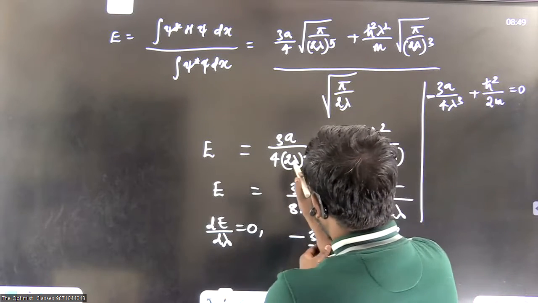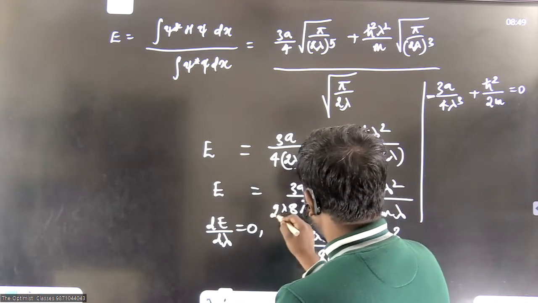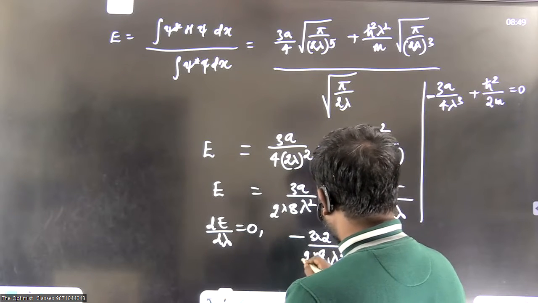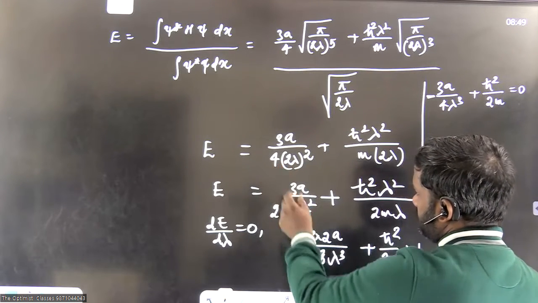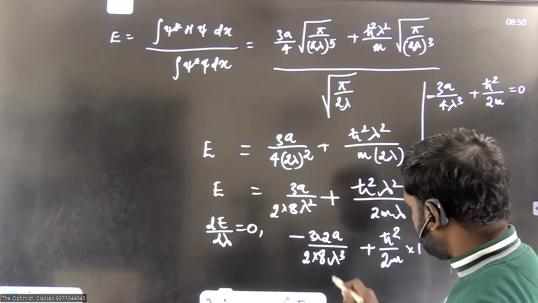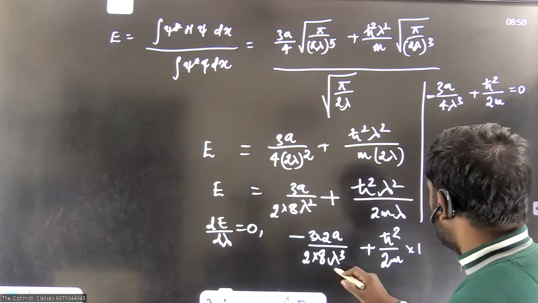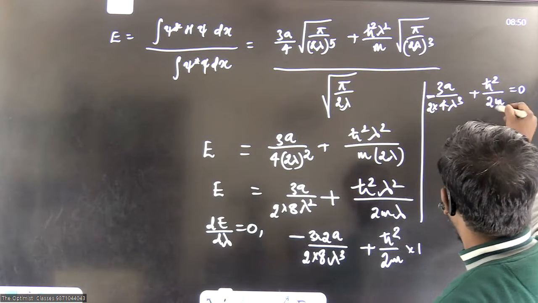I think here there was 2 lambda whole square, so it will be 4 and 4 is 16. So one factor of 2 I have missed here. It will become 16 actually. I have written here 8, so that was the mistake. So now here we have an extra factor of 2, so this 2 and 2 will cancel out.